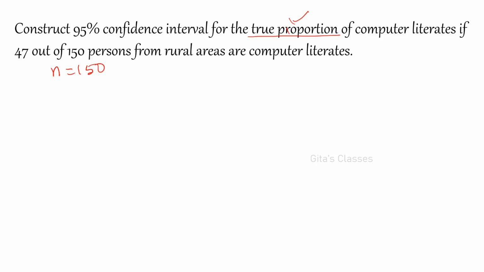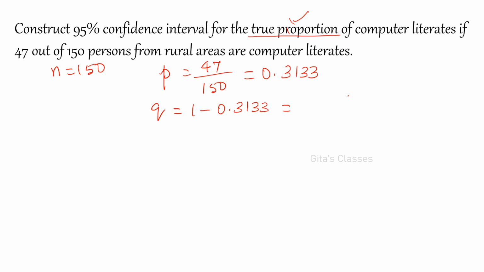And please remember, capital letters for population, small letters for samples. So here what is given, 47 out of 150 persons, that is small p is equal to 47 by 150, that is 0.3133. And always remember small p plus q is equal to 1, so 1 minus 0.3133 is equal to 0.6867.